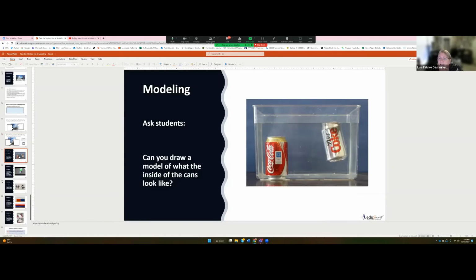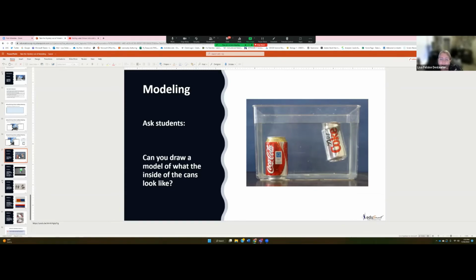So we've all seen this demonstration where the can of Coke sinks and the can of Diet Coke floats. And they'll come up and tell you that the can of Coke has a density greater than water, and the can of Diet Coke has less density than the regular Coke. But what is inside the cans?